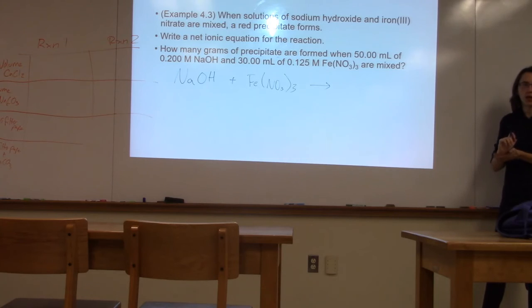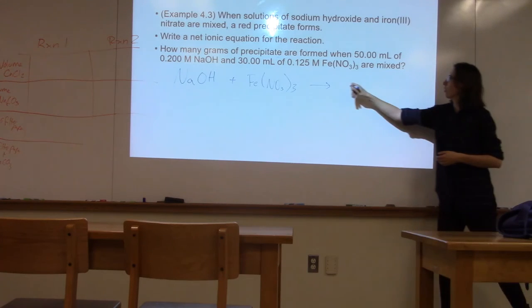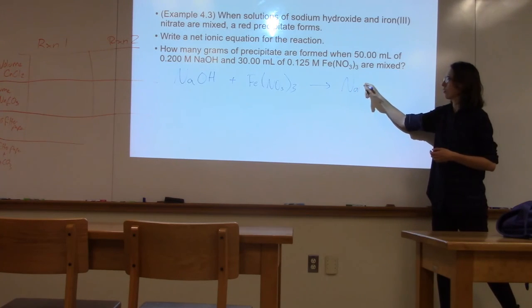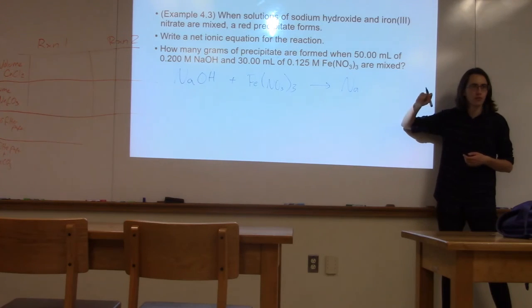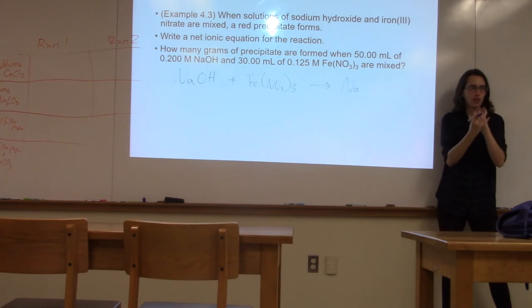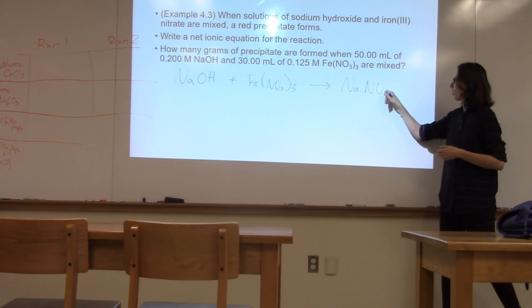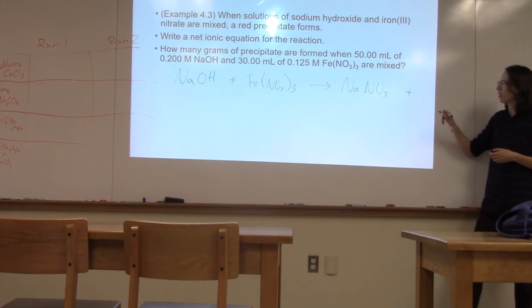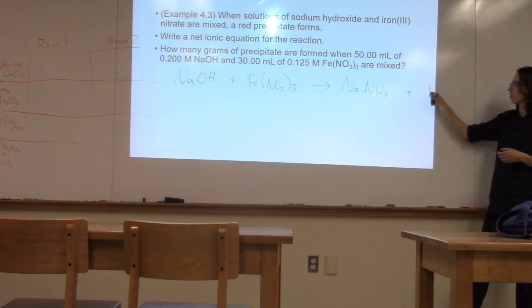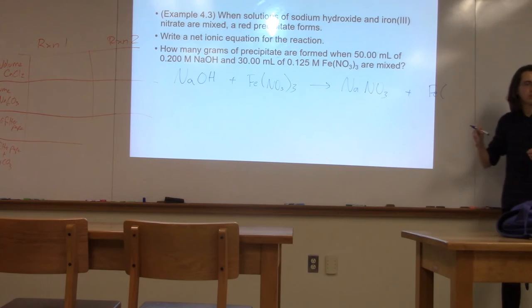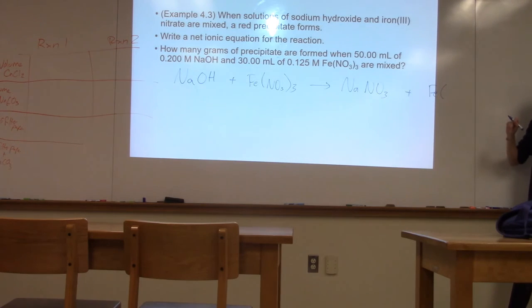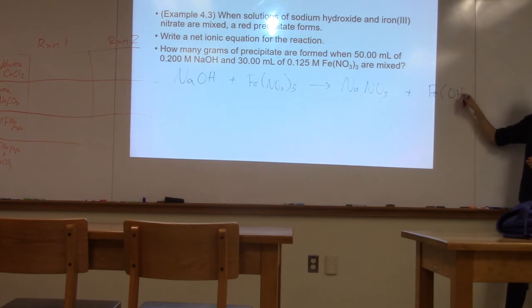What are our 2 possible products? Nope, you can't put the 2 cations together. NaNO3 plus Fe(OH)3. How many OHs? 3, because iron is a 3+. OH minus is -1, and there are 3.